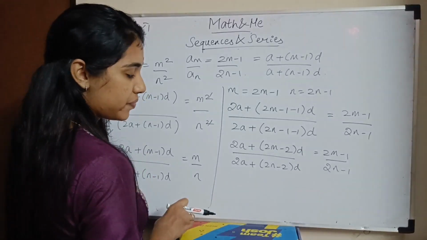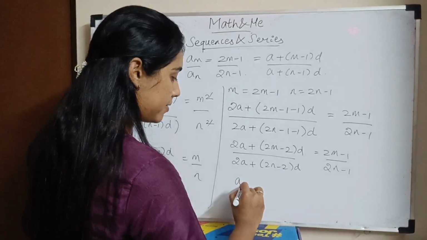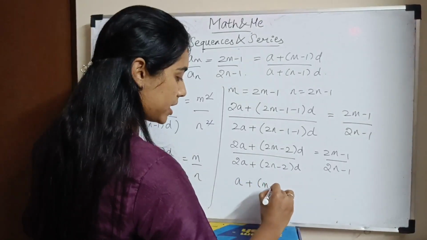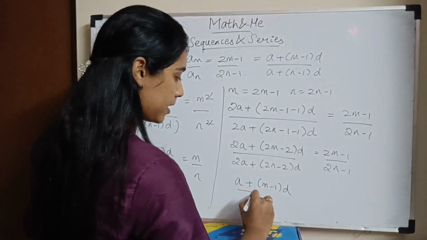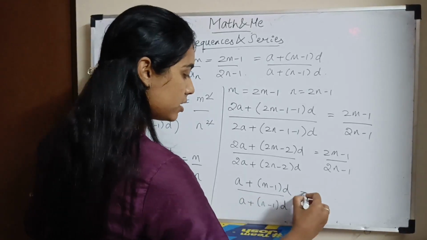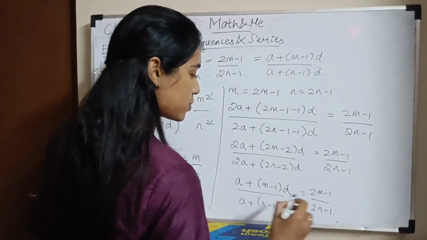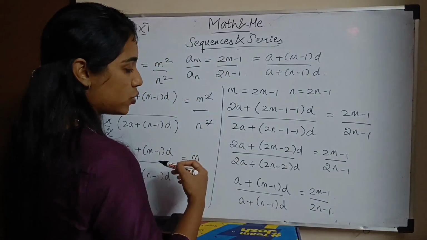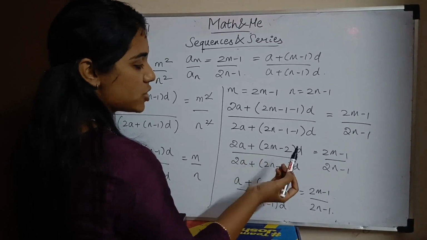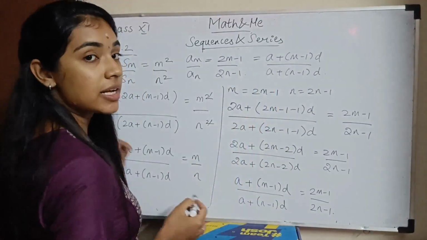So multiplying and dividing by 2, what do I have? a plus m minus 1 into d divided by a plus n minus 1 into d equals 2m minus 1 divided by 2n minus 1. I'm just taking 2 common, that's all. If I take this 2 out, what you have is a plus m minus 1. This 2 goes, this 2 goes. So this is the required answer. Okay.